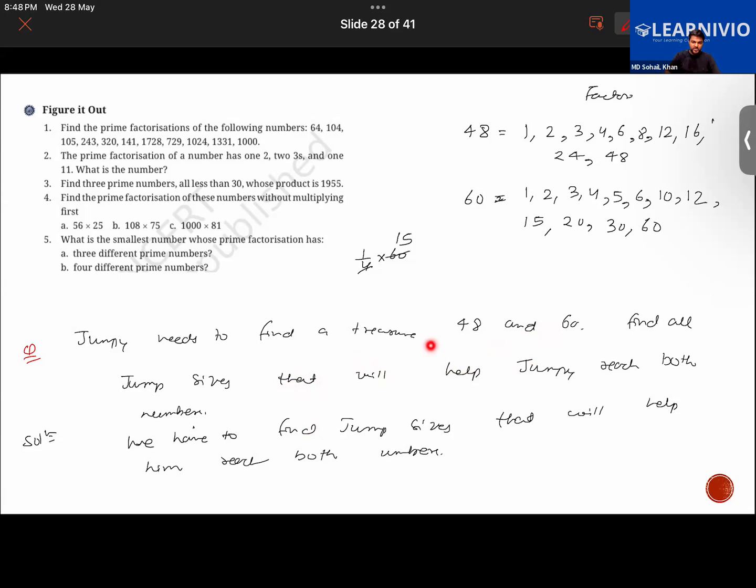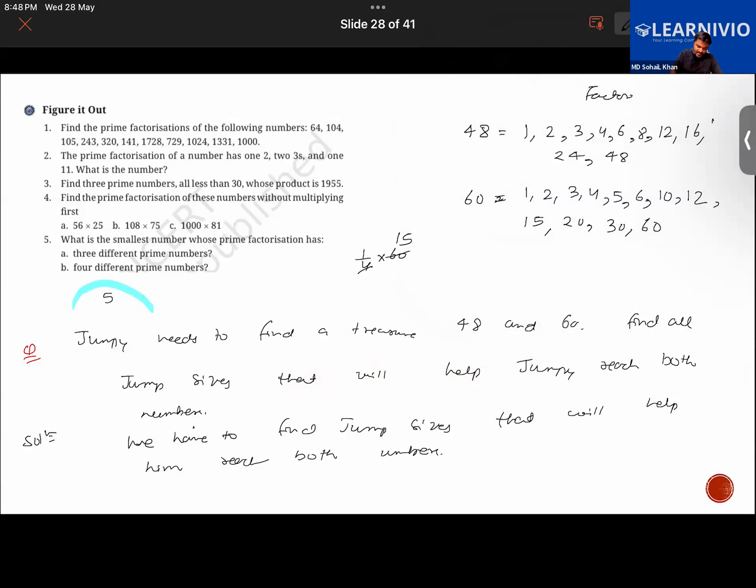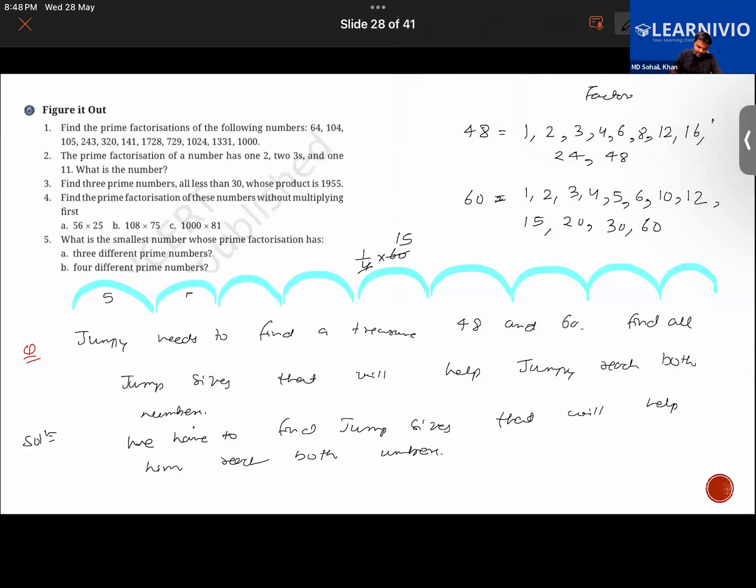Will he be able to reach the tracer 48 and 60 both? No. Suppose he takes one jump of 5, another jump, again 5, again 5, like this.